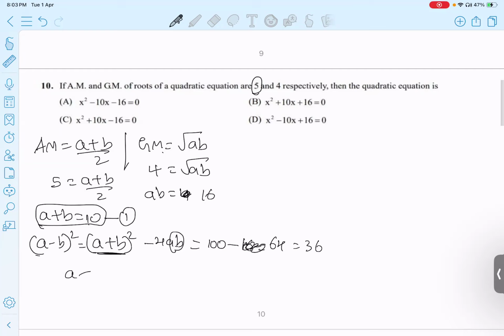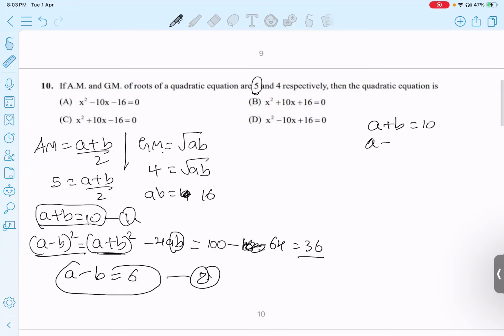So (a minus b) whole square is 36, in the sense a minus b will be 6. On solving the equations, we'll get the a value as 8 and the b value as 2. So these two are the roots of the quadratic equation.